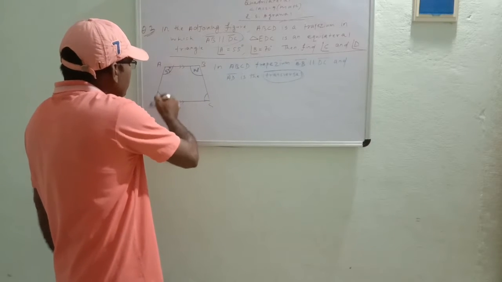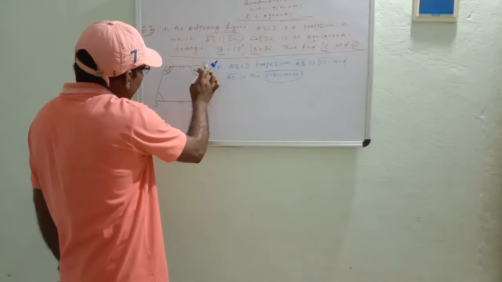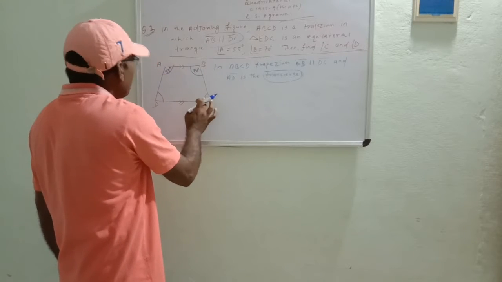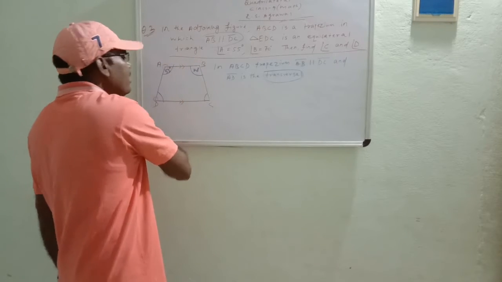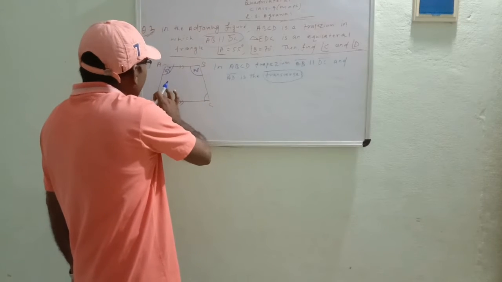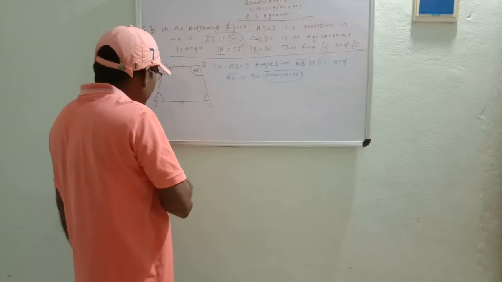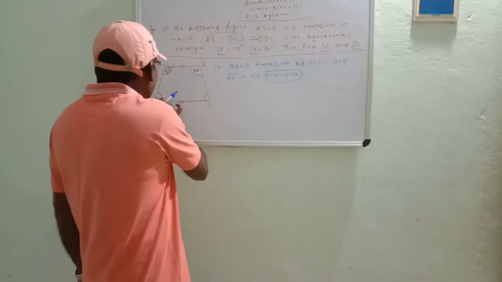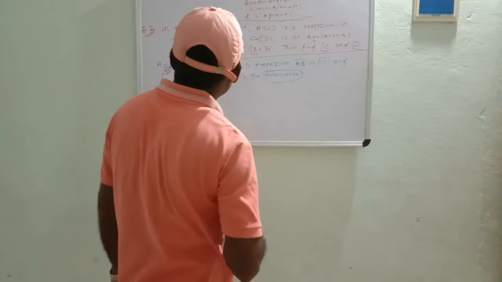Here you see that AD is the line that intersects AB and also DC at point A and point D respectively. It means AD is a line that intersects side AB at point A and side DC at point D. So therefore it is called a transversal.